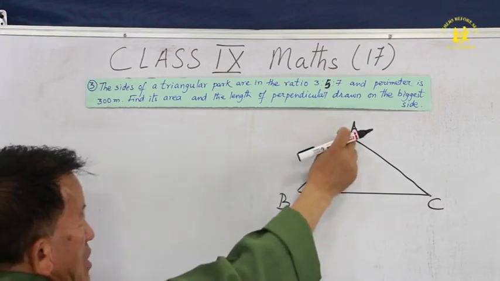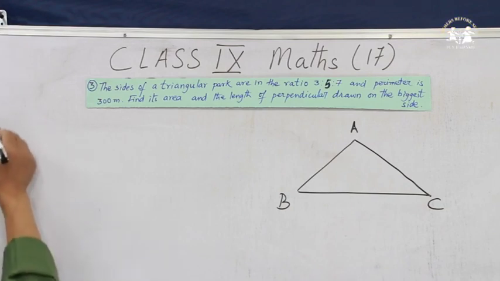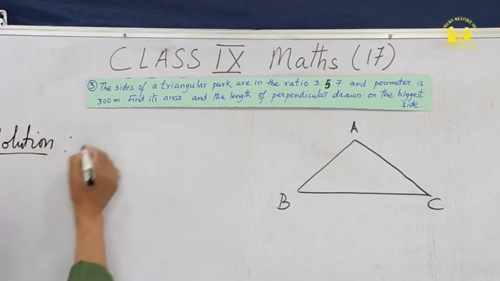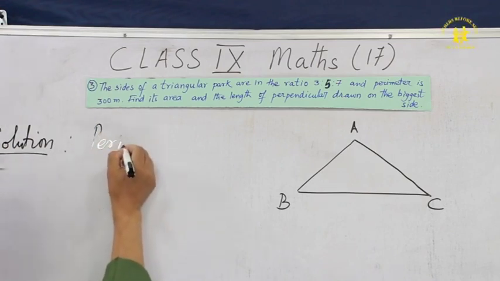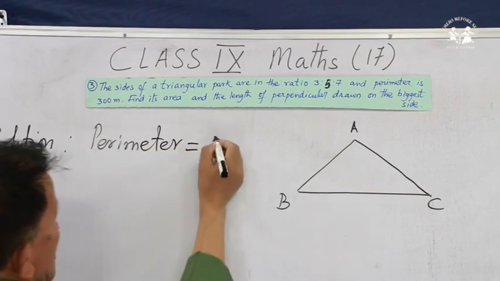Let's say A, B, C. We are given the perimeter, that is the sum of all the sides.